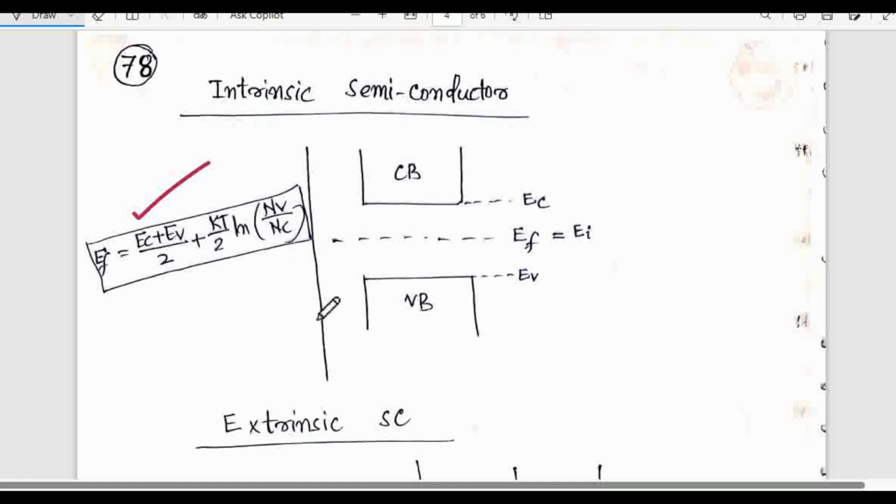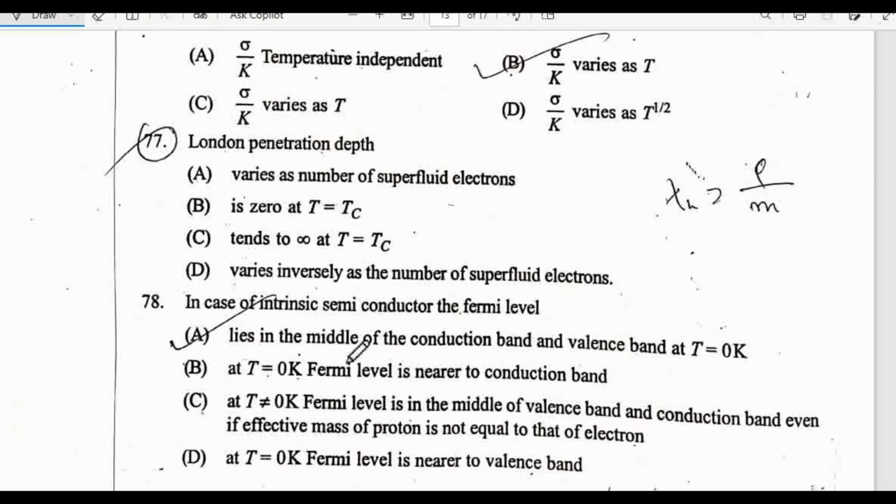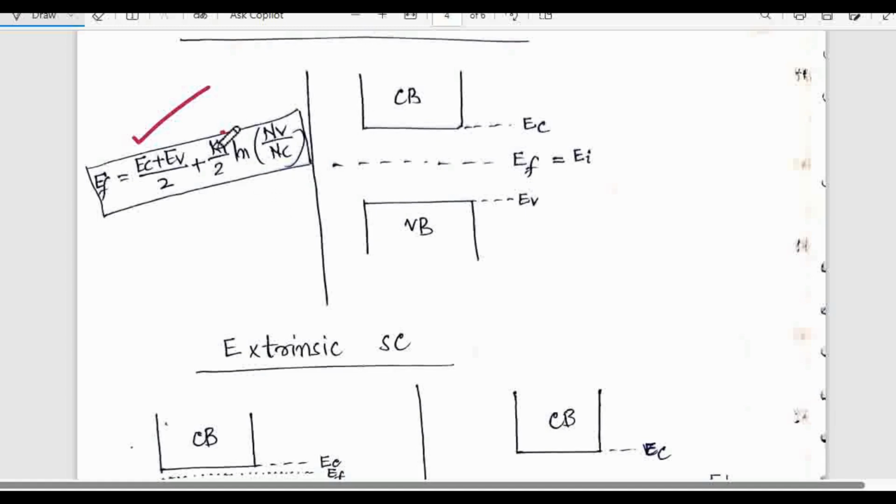Now the condition is given that T equal to 0 Kelvin. If you put T equal to 0 in this place, the whole term will be 0, because 0 into something is 0. So you only get EC plus EV by 2.